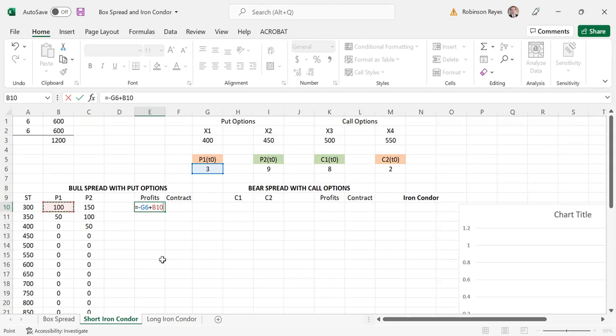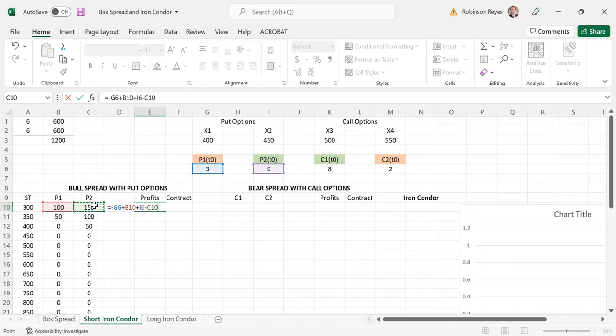Okay, and next we are selling the high strike put option, which has a premium of $9. And because we're selling, in other words, we are writing this put option, we are liable, or we lose the intrinsic value of this put option. We can think about it in that way, right?